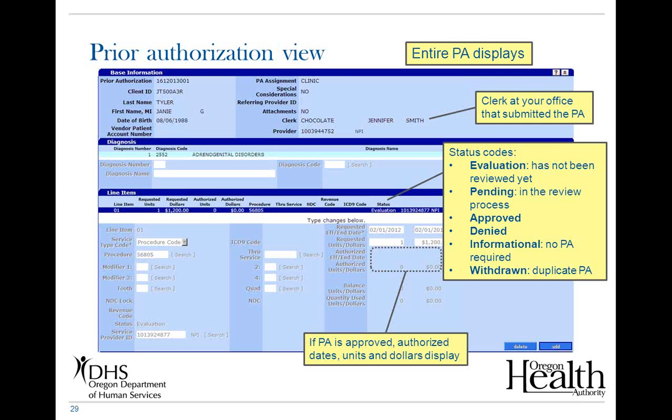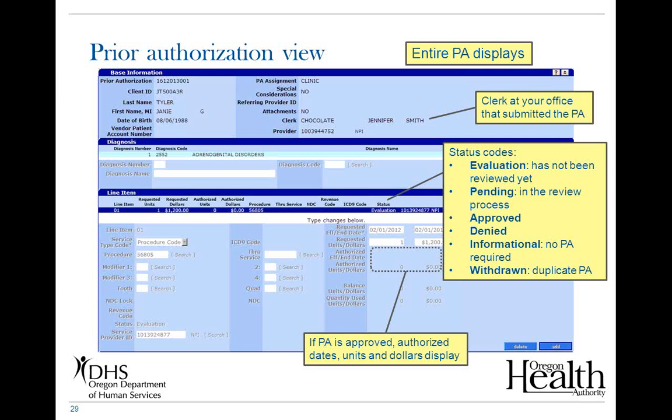So once you enter the prior authorization, this is what it looks like right here. You'll see the basic information about the client and the clerk at your office that put in the prior authorization. So you'll see that information there.